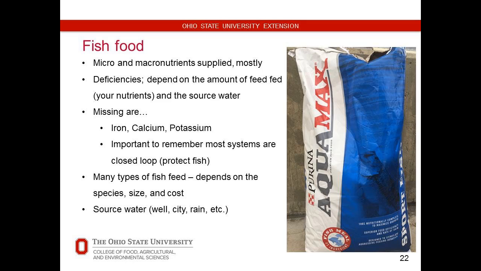But if you switch to another plant, you might find yourself a little nutrient deficient and have to add chelated iron or potassium hydroxide or something like that to your system. So it's not just source water, but it's also plant specific as well.